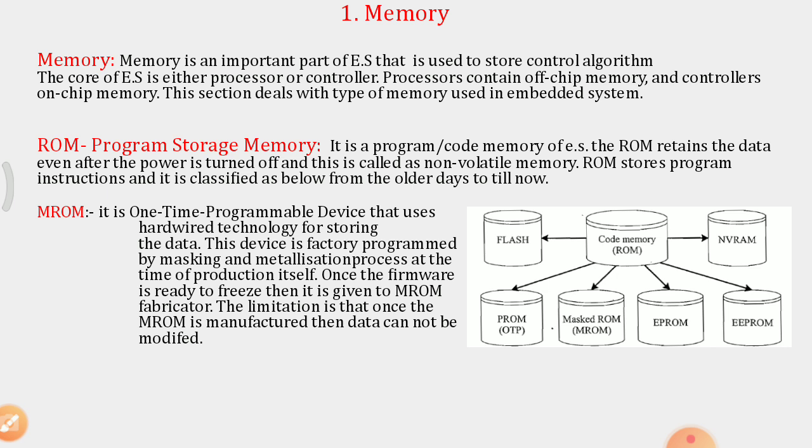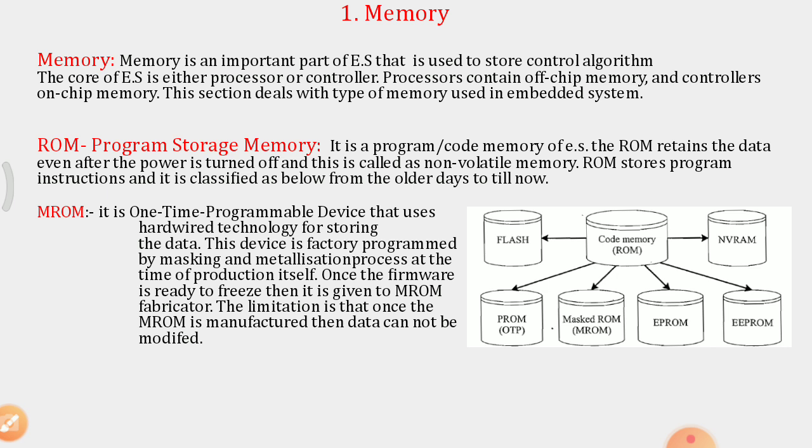So here we will explain about a memory used in embedded system. First one, in the below figure we can see that the memory is being divided. There are two types. It is being divided into a ROM and RAM.